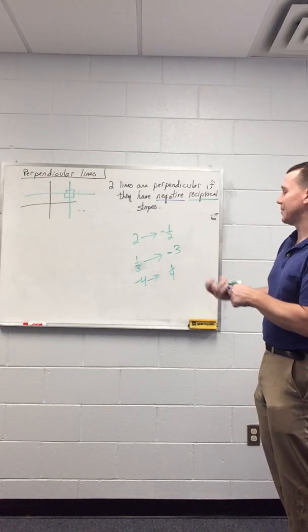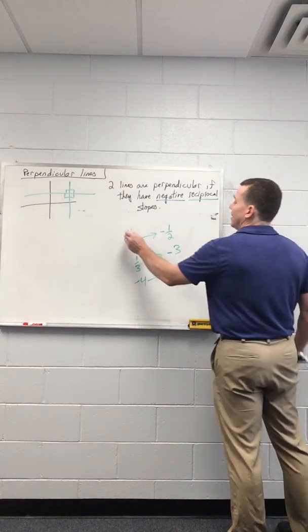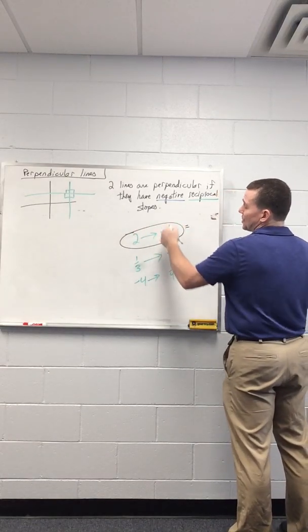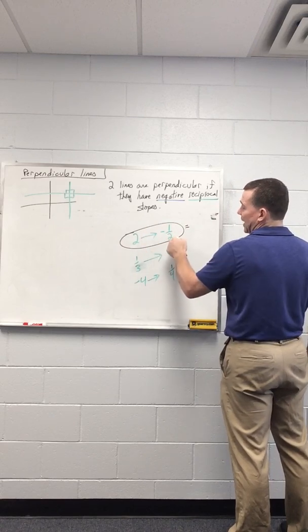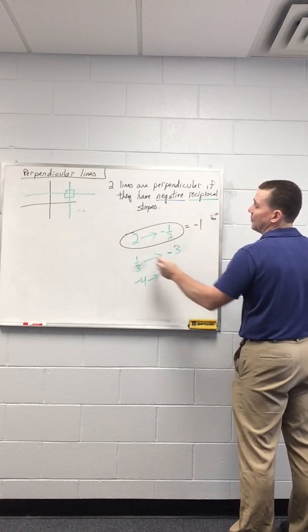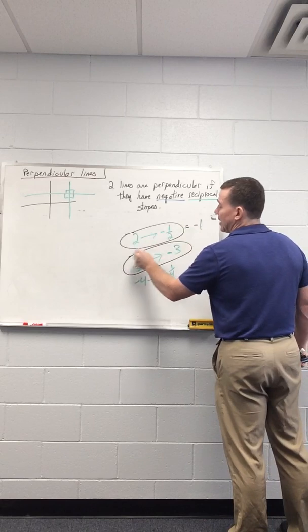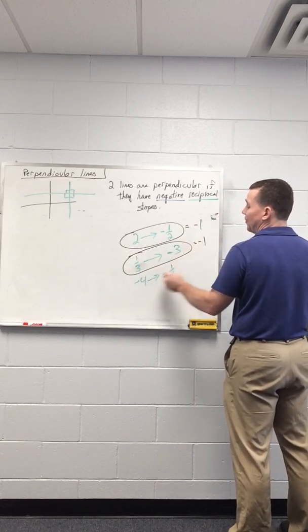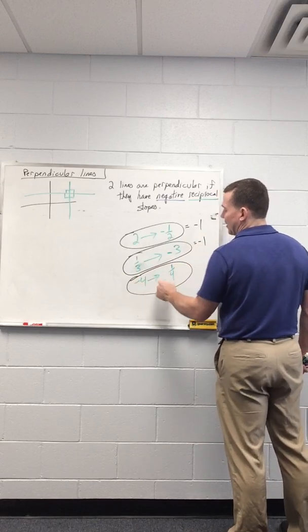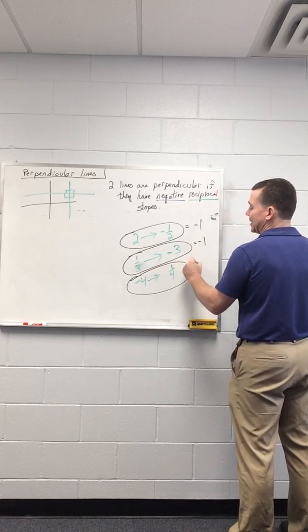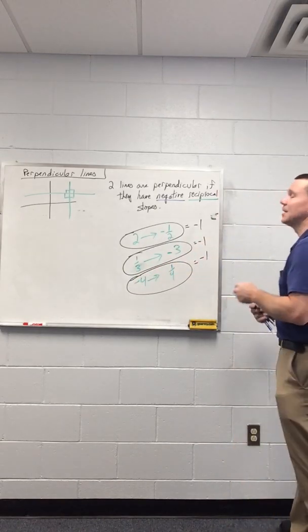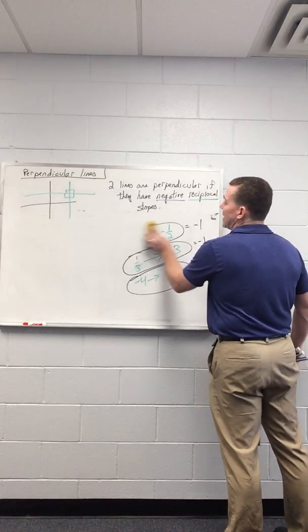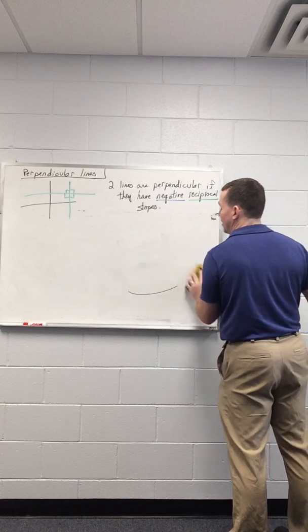There's actually another kind of trick that happens here. If you multiply these together, 2 times -1/2, the 2's cancel, you're left with a negative, so it's -1. Here, if you multiply, the 3's cancel, you're left with a negative, it's -1. Here, if you multiply, the 4's cancel, you're left with a negative, it's -1. That will always happen when you multiply a number by its negative reciprocal.